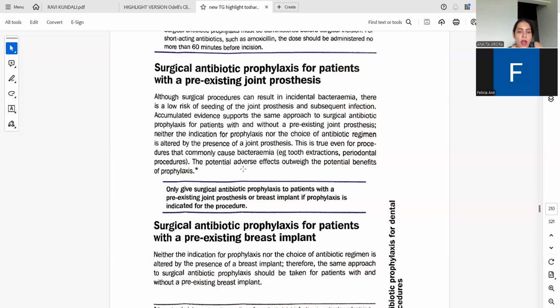So they are trying to say that the adverse effects of giving antibiotic prophylaxis for extractions, periodontal procedures, etc., are more than the potential benefits of giving this prophylaxis. And they have highlighted again, only give surgical antibiotic prophylaxis to patients with a pre-existing joint prosthesis or breast implant if prophylaxis is indicated for the procedure.